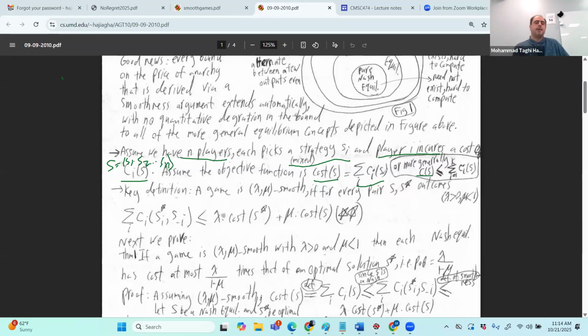So now, what is the definition? This is essentially the lambda-mu smooth. A game is lambda-mu smooth if for every player i and for every pair S and S star of the outcomes of the game.